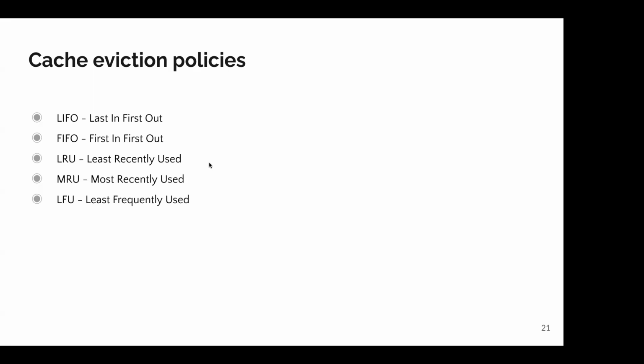You might think, why do you want to clear something which is most recently used? Because then it's defeating the purpose of the cache. But there are some use cases for this as well. Assume, for example, Stack Overflow. Whenever you create an account in Stack Overflow, you get a unique ID as a user ID, a random alphanumeric string. As soon as someone takes up that alphanumeric string as a user ID, you don't want to use it for other users, right?